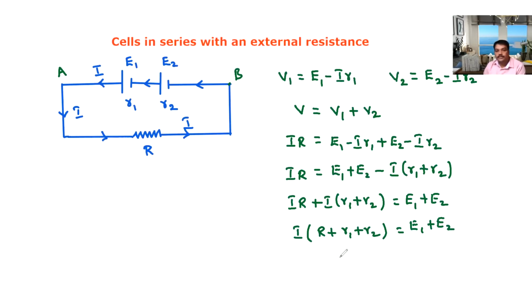Then we get an expression for the current in the circuit: I is equal to E1 plus E2 by R plus R1 plus R2. This is an expression to find the current.